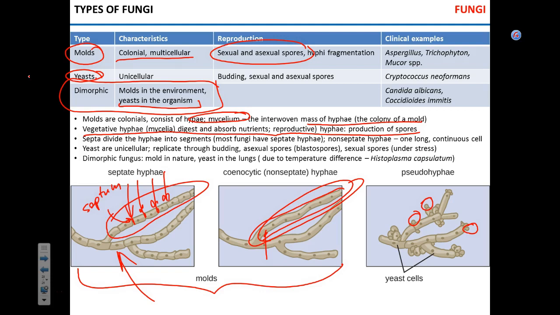Now, if you look at the yeast, although they are unicellular organisms that divide and produce new yeast cells, all the new cells tend to stay together. Okay? And they form what is called a pseudohyphae, which looks like a true hyphae of a mold, but it's actually just a bundle of independent yeast cells. Does that make sense?